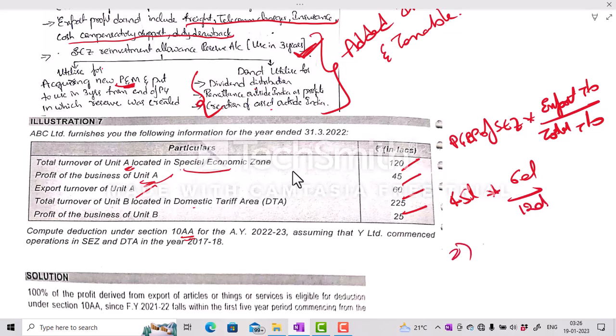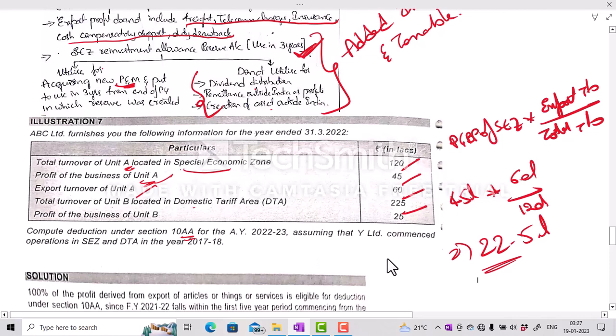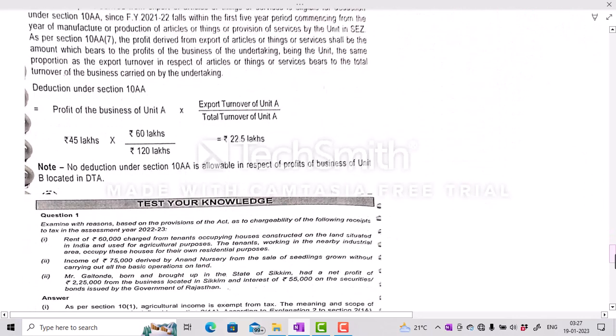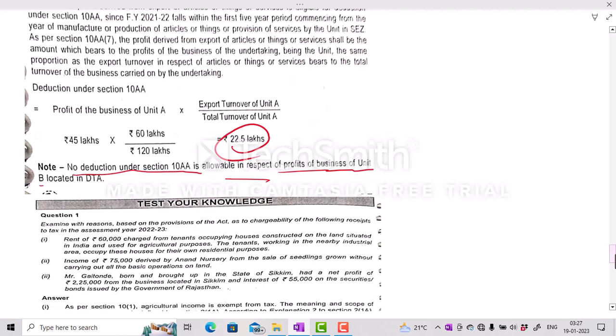So when we calculate it, it comes to 22.5 lakhs, which will be the amount eligible for deduction under 10AA. And they have given that no deduction under 10AA is allowed in respect of profits of business unit B located in DTA.